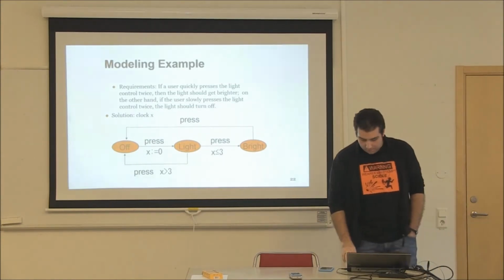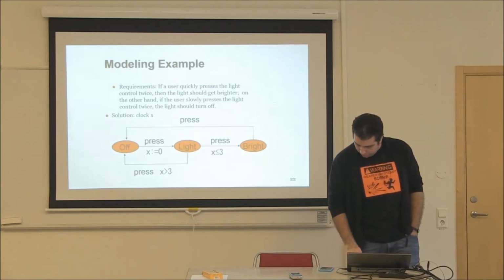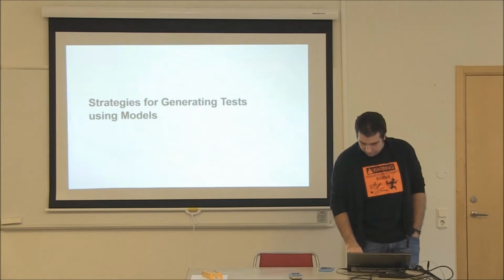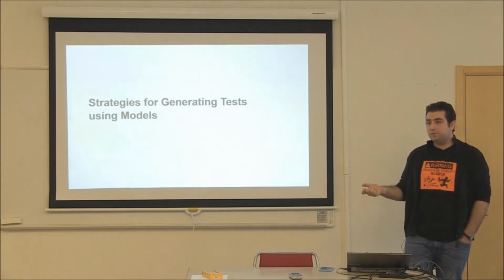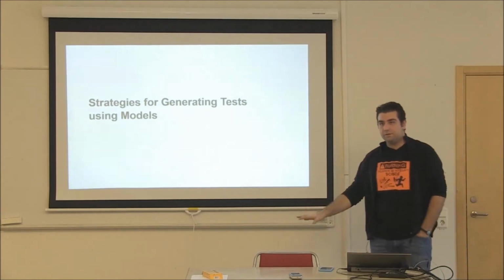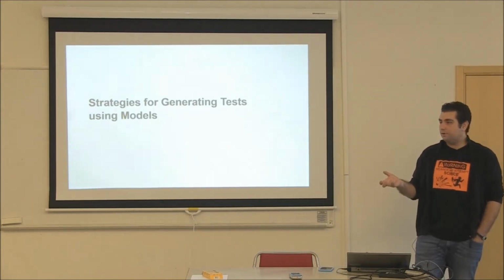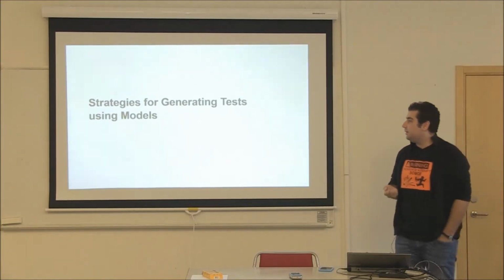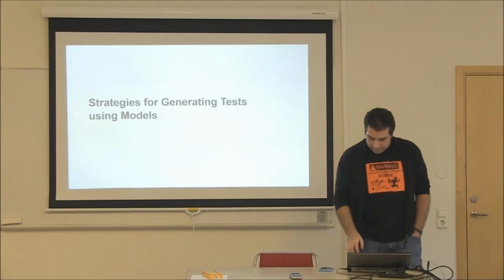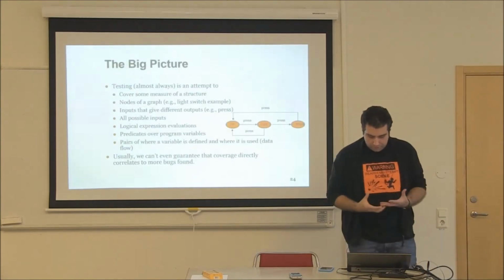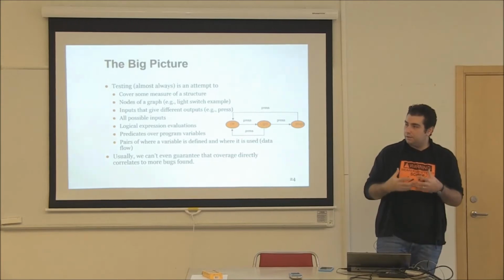So I will go to strategies for generating tests using this kind of model. I didn't go that deep into how to model, but now you have a flavor of how you try to model these requirements. Basically, I want to go to the big picture now, and testing.